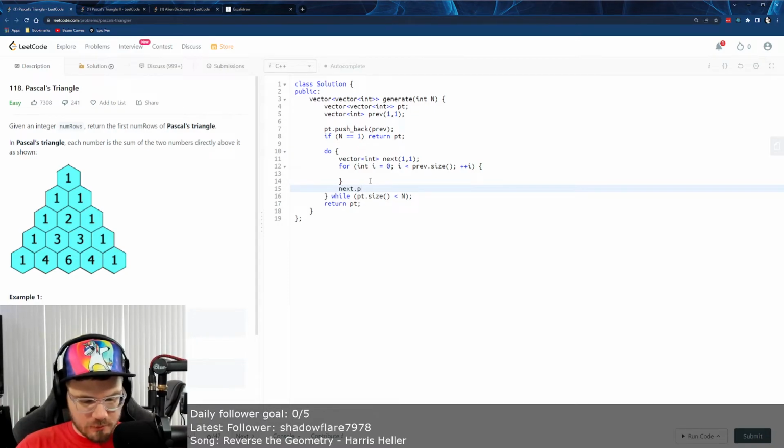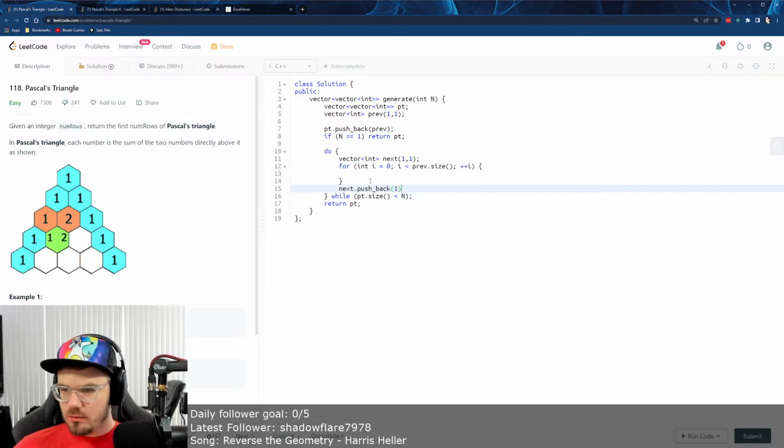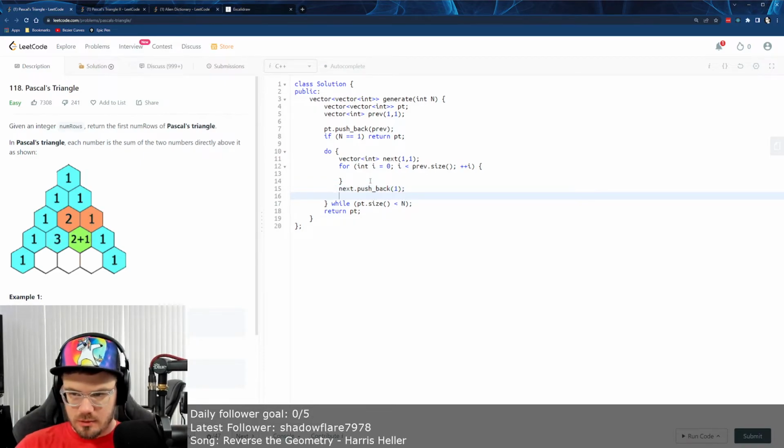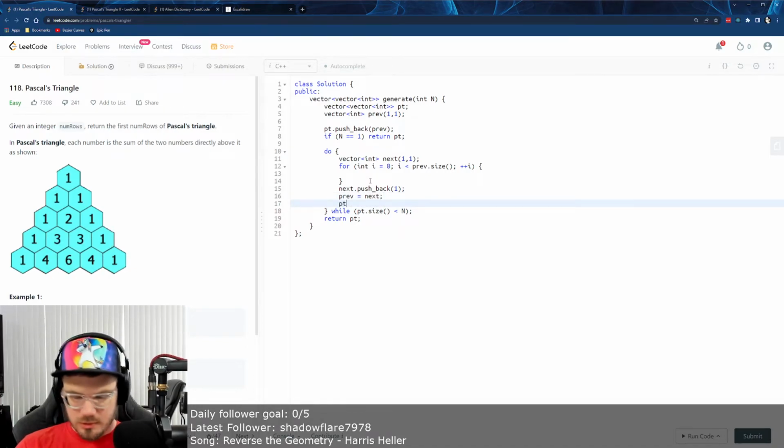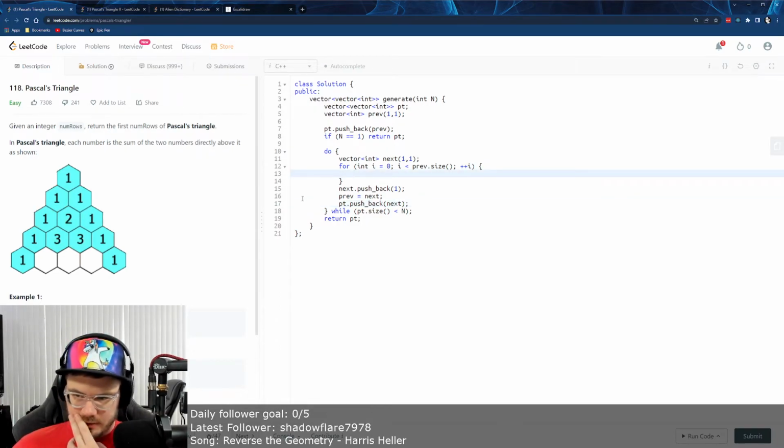And then after that, I think we can just push back a 1 and then prev equals next and pt.push_back next here. So now what we're doing is we're doing all the sums now.